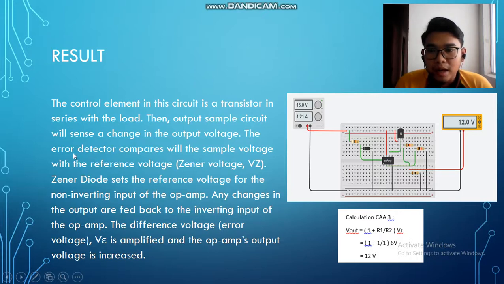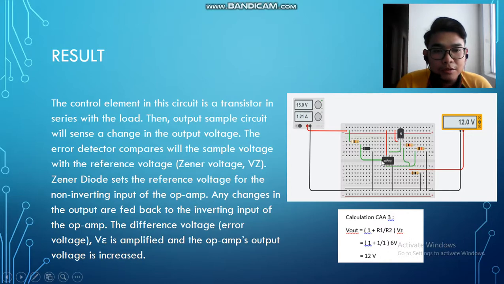Then the error detector compares the sample voltage with the reference voltage, the Zener voltage Vz. The error detector is the operational amplifier, so it will function to compare the sample voltage with the reference voltage.